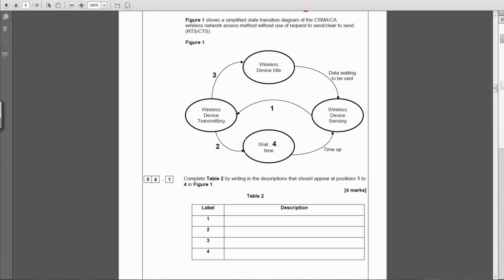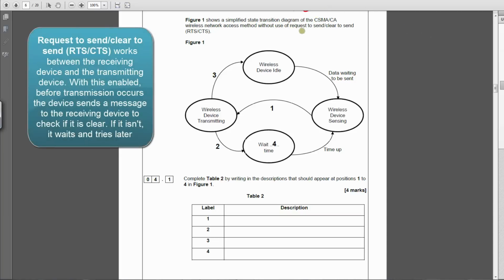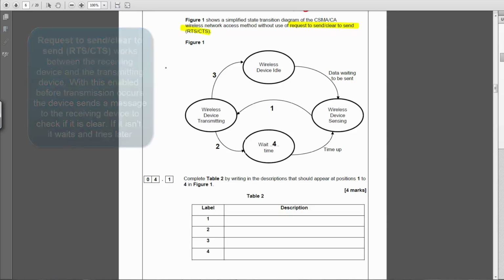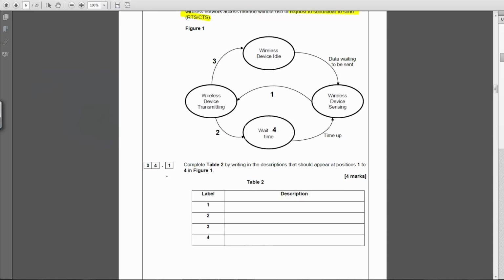Essentially, request to send, clear to send is kind of like an add-on to this protocol, but it not being here is going to make things a bit easier for us. Complete table 2 by writing in the descriptions that should appear at positions 1 to 4 in figure 1.